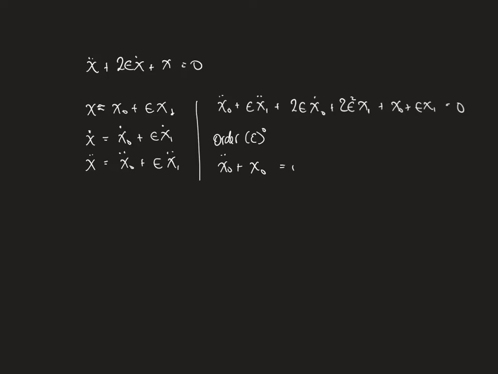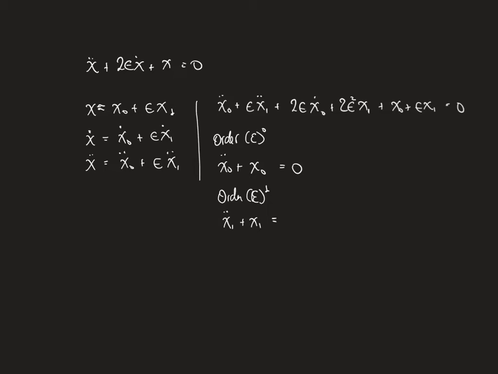Okay, and then order epsilon 1, we will have x1 dot plus x1, and then this one in here and this one in here, and this one actually not, because this is already second order, so this would be for another equation.